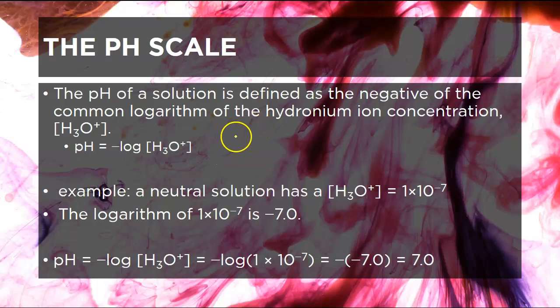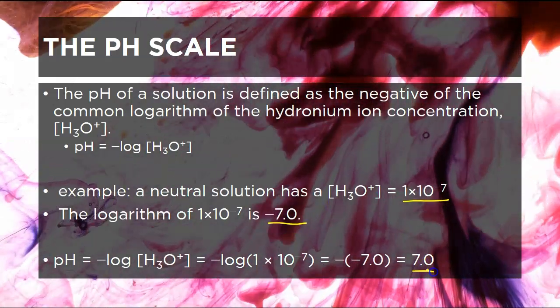concentration. So an example, we know that a neutral solution has 1 times 10 to the negative 7 hydronium. So when I take the negative log of this number here, the regular log is negative 7, but the reason I make it negative is so we can get rid of that negative 7 and just call it a pH of 7.